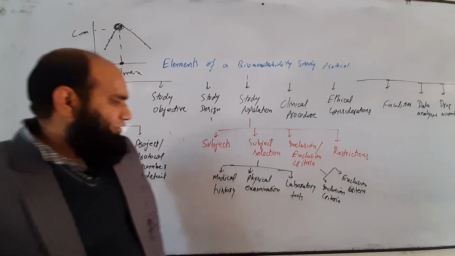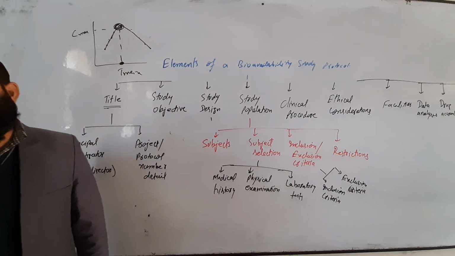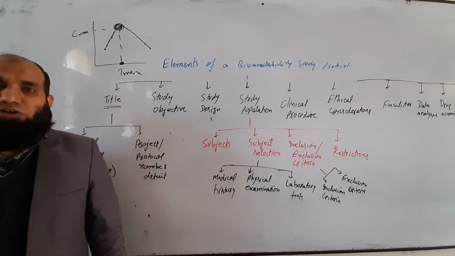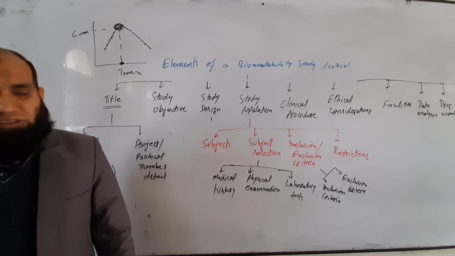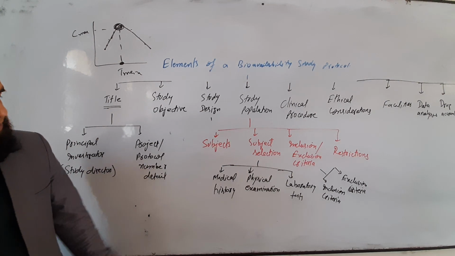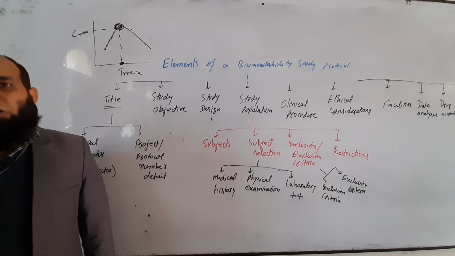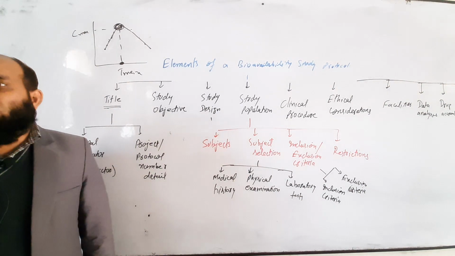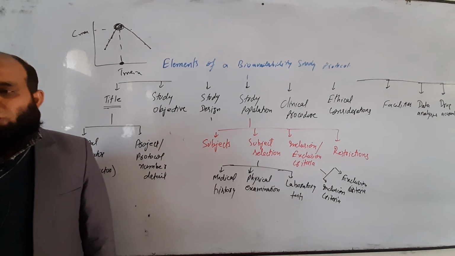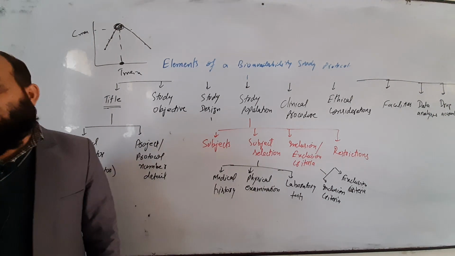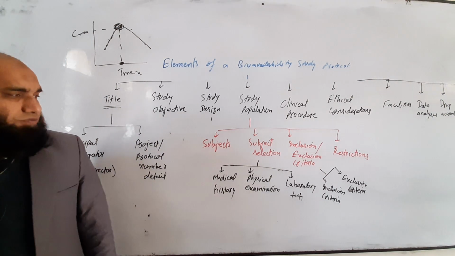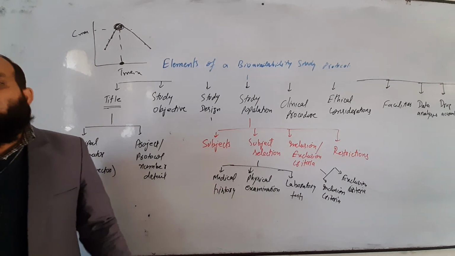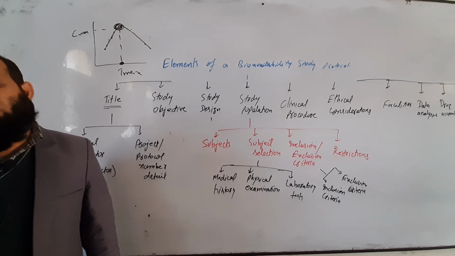In case of subject selection, we have to perform some tests to confirm adding these subjects into our bioavailability studies. What type of tests will we perform? We will check their medical history. He or she should not be taking any type of medicine, or be going through any type of surgical procedures, and should not have any type of chronic disease, so first of all we take the medical history.